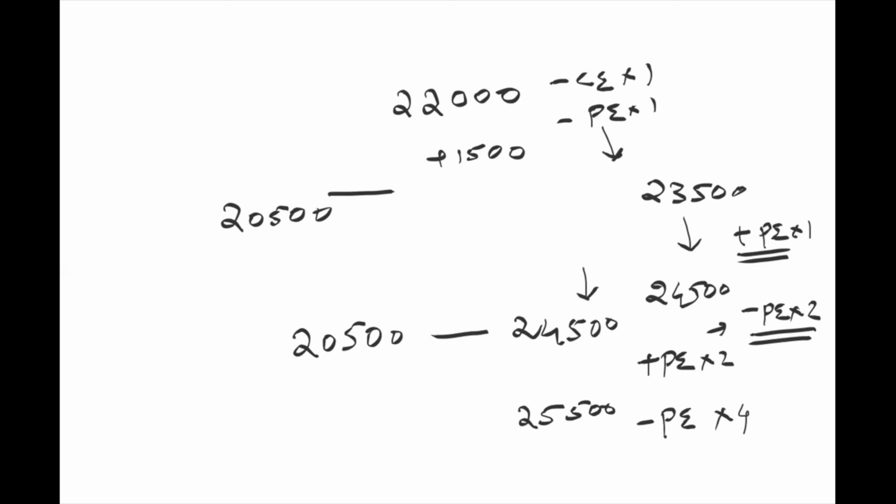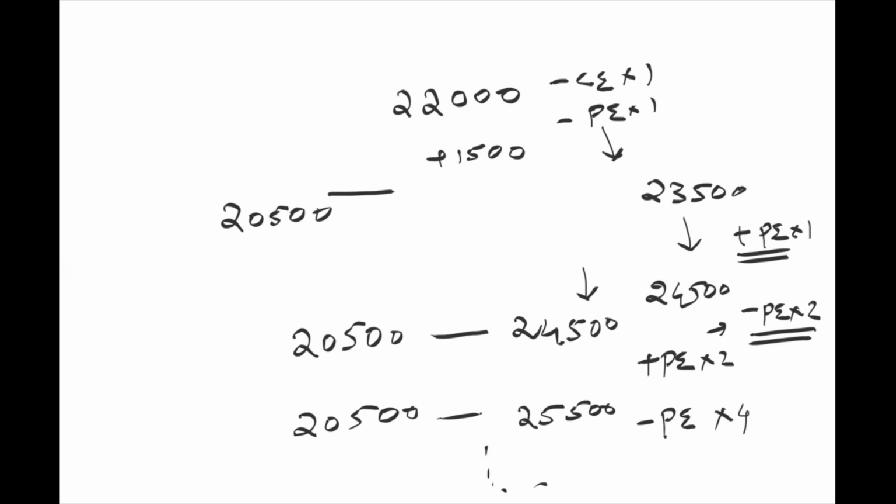So now what is your range? 20,500 to 25,500. You can keep on doing this. So that's what I told you. If Nifty goes to 0 or Nifty goes to 1 lakh, I can easily manage it. The only thing I need is capital.